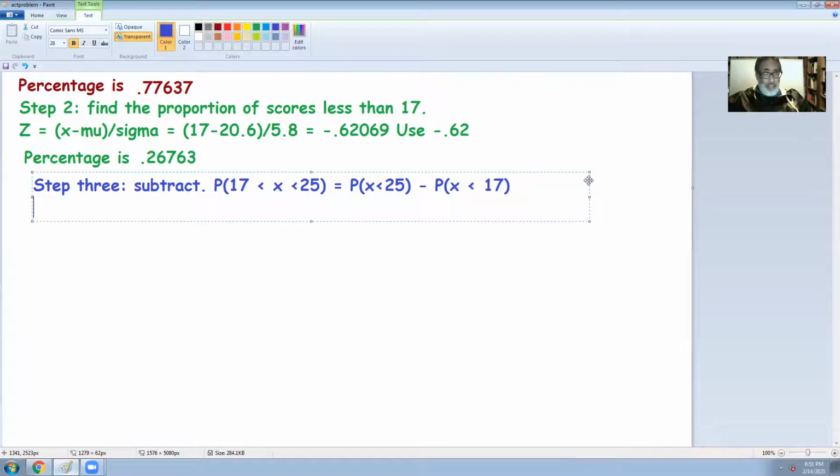So that equals 0.77637 minus 0.26763. And if you get the math right, we get 0.50874.